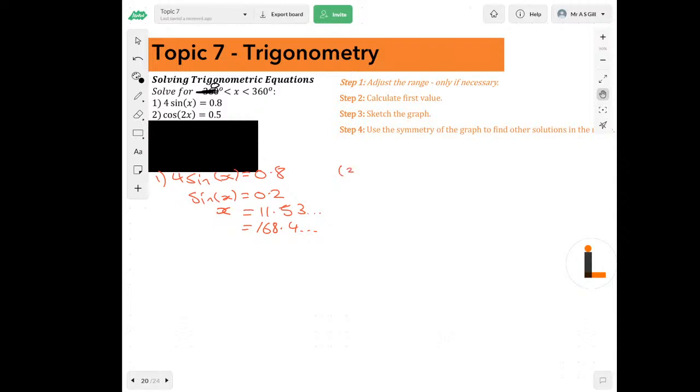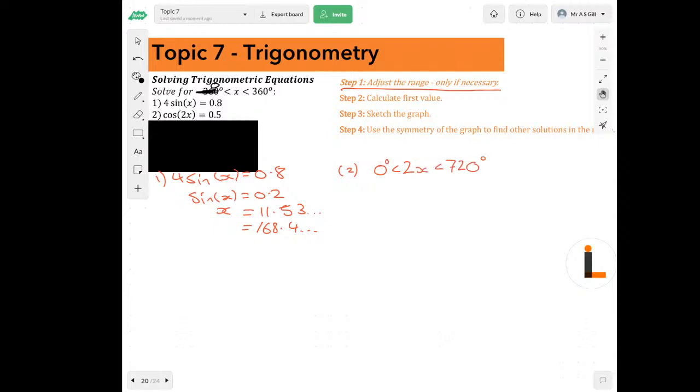Okay. Question 2. Now we have to do this step 1 we talked about earlier, because we're not dealing with x anymore, we're dealing with cos 2x. So what we need to do is adjust our range to make it between 0 and 720, and we're going to have 2x.